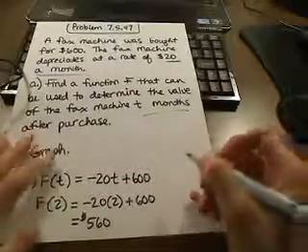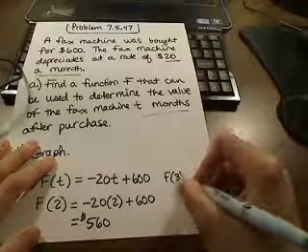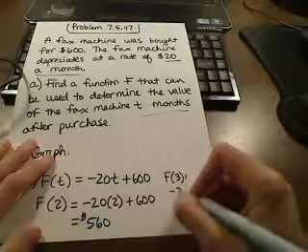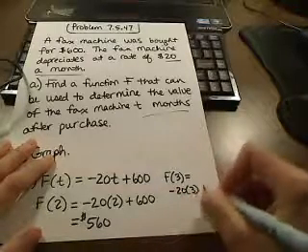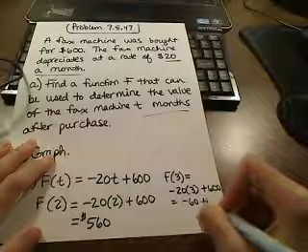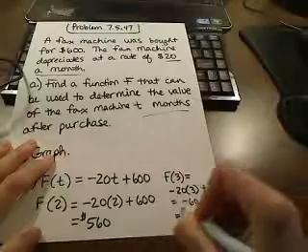And I'll do a couple of other points because we're going to need a few points in order to graph this. So let's do f of 3. That would be negative 20 times 3 plus 600, so that is negative 60 plus 600, which is 540.